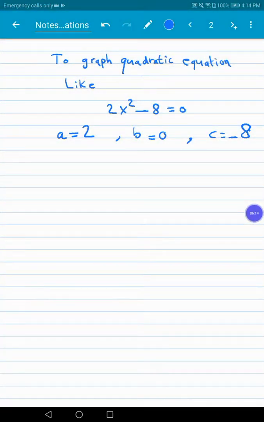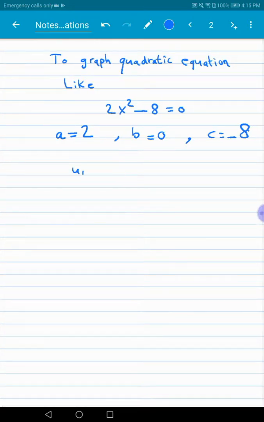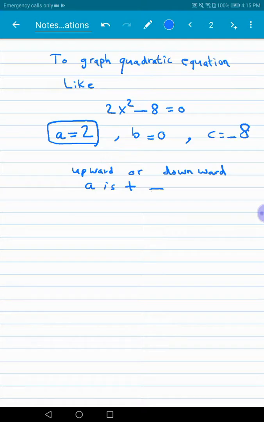Can you predict whether it opens upward or downward, and why? If you look at A, you will find that A is 2. So A is positive, so it opens upward.